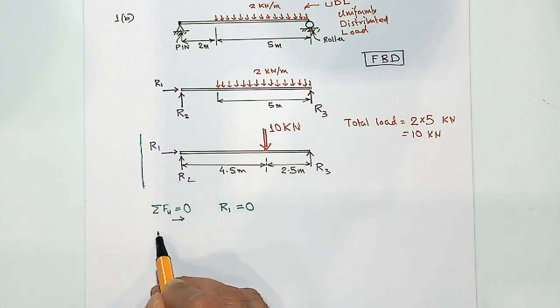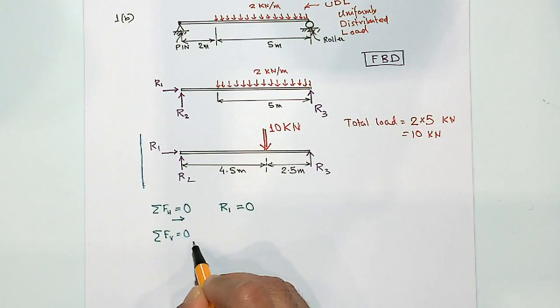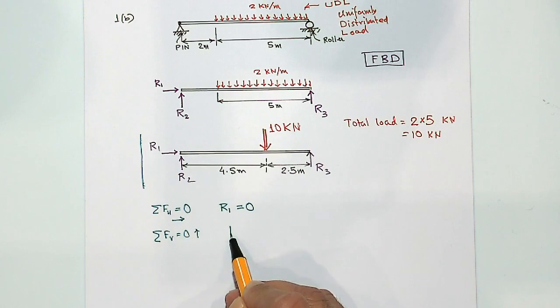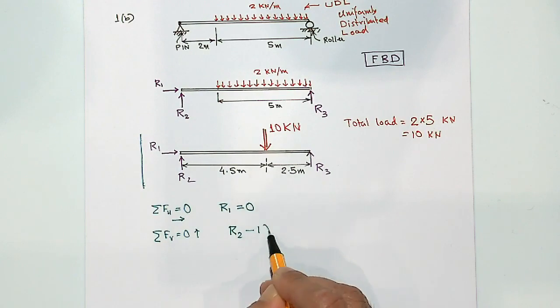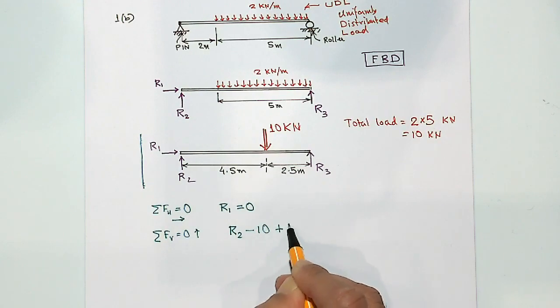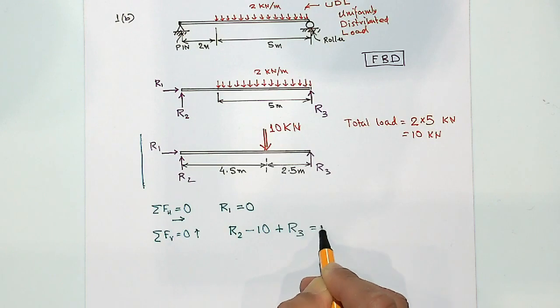Next, if I do summation of vertical forces 0, so let's say I take vertically upward as positive, then I have got R2 going up, 10 coming down, R3 going up, so that is positive, is equal to 0.